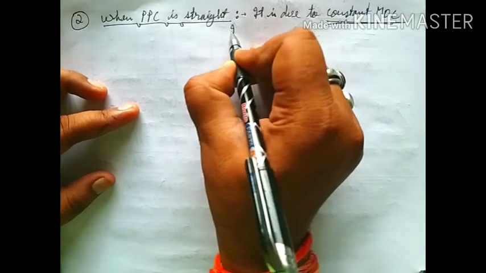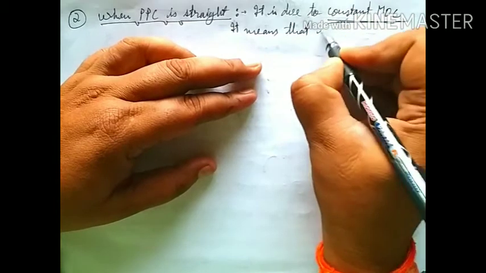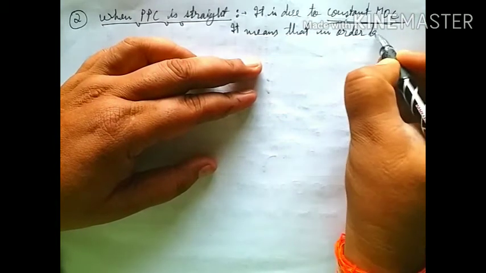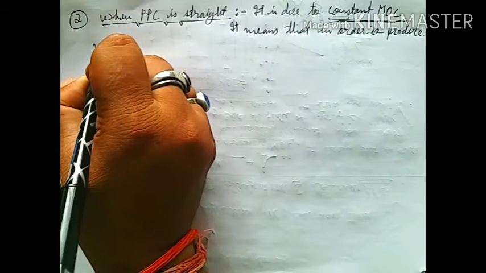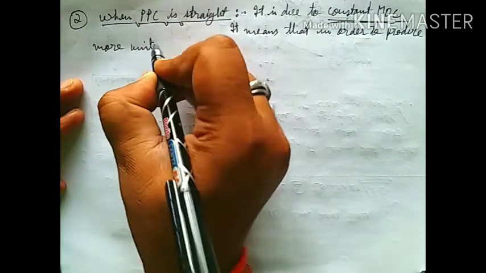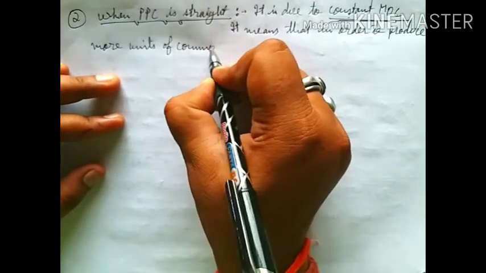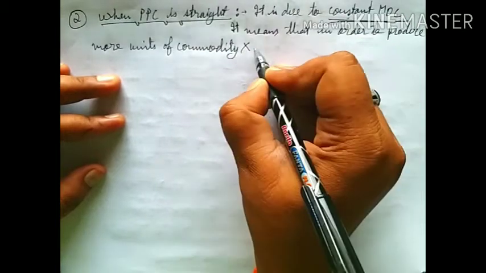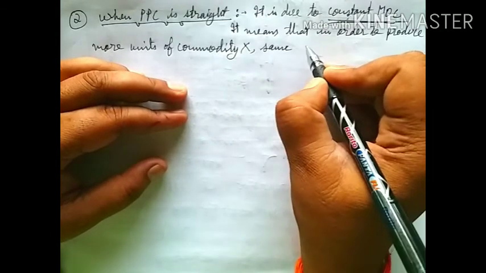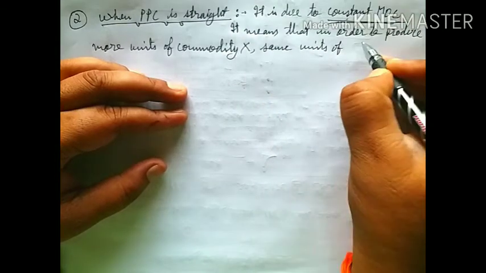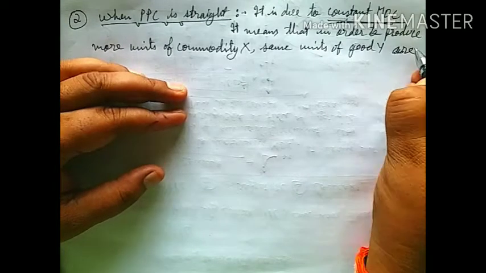It means, students, that in order to produce more units of commodity X, that is wheat, the same units of good Y are sacrificed.